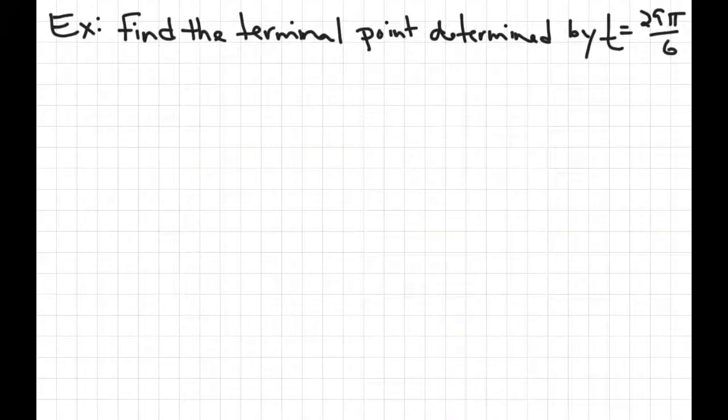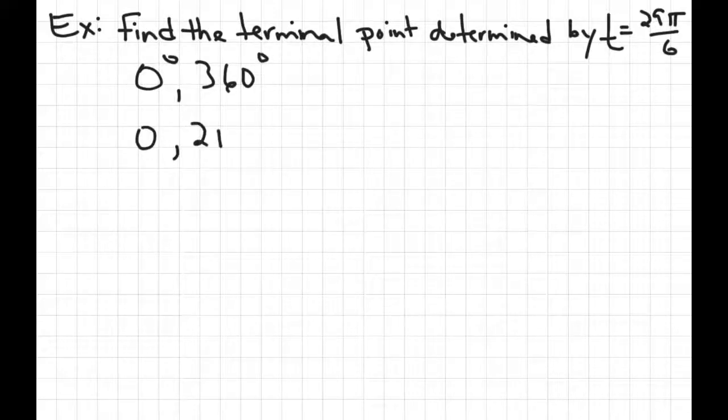The last thing I want to do is talk about angles that are larger than just one circle around. We've already talked about finding coterminal angles. The easiest way to find the terminal points, to find your value of cosine theta, comma, sine theta, is if you're dealing with angles that are between 0 and 360, or, in radians, 0 and 2 pi.